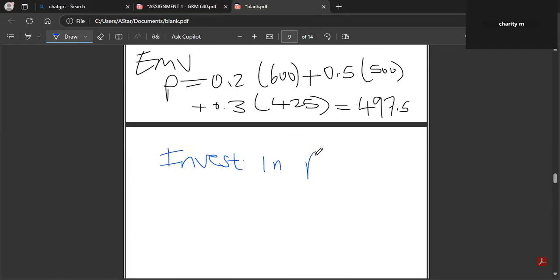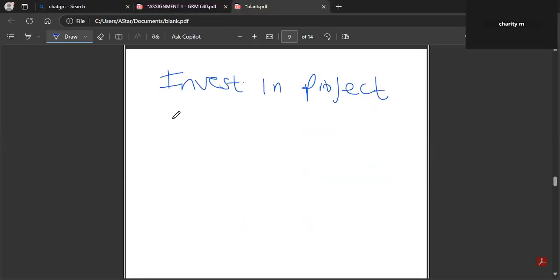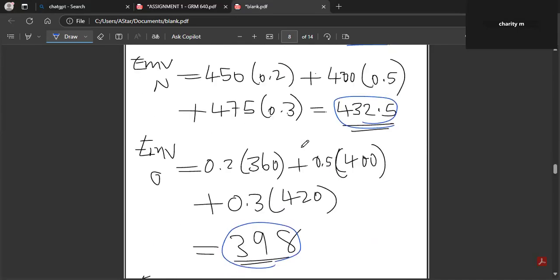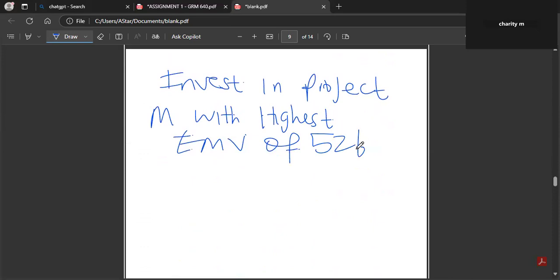Invest in project M, with the highest EMV of 526. Okay, so let's wrap up.